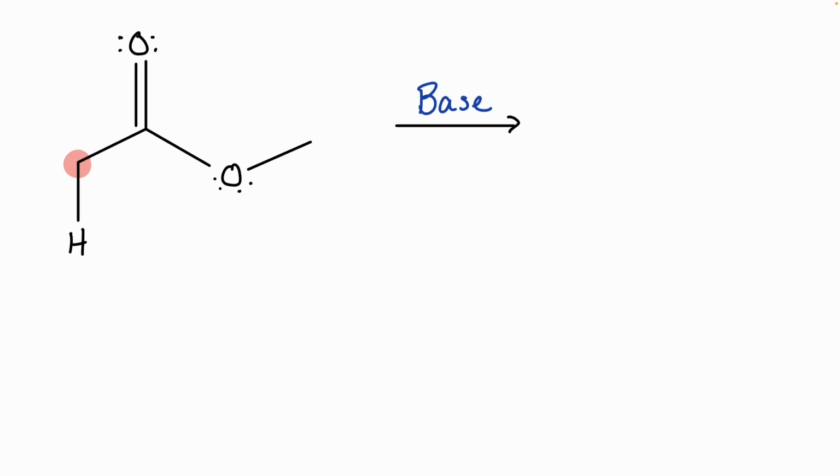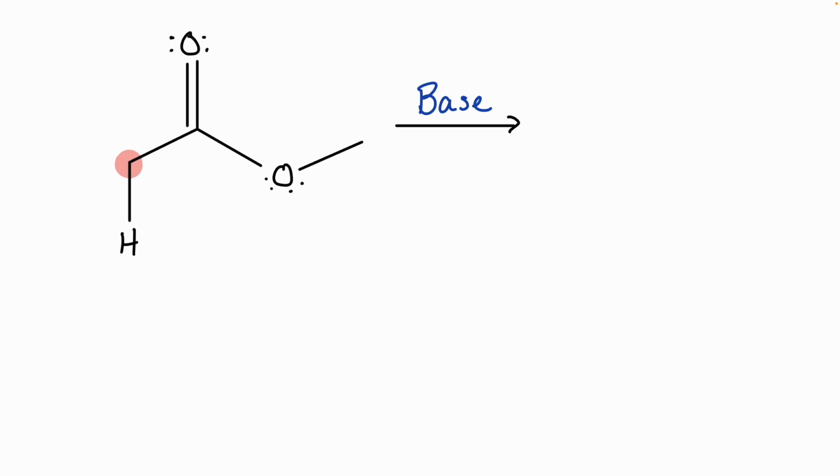And so my first step here is my base, and again, I'm just going to leave it as generic base for right now, or B with a lone pair, is going to deprotonate my ester, specifically that alpha carbon.